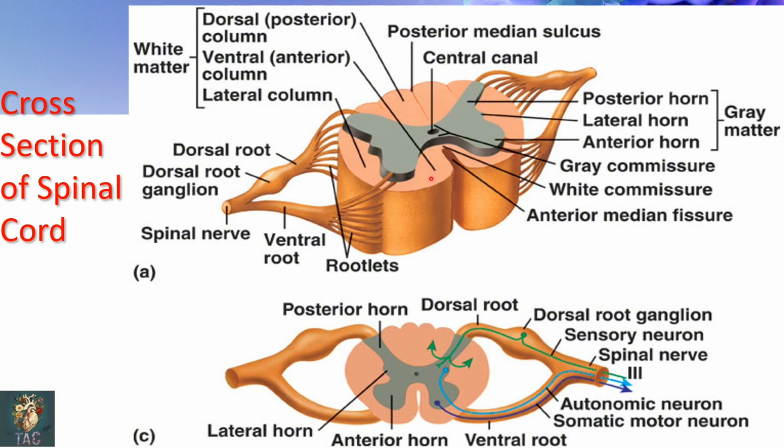So these are the three columns: the anterior white column, the lateral white column, and the posterior white column or dorsal column. Similarly, the gray matter is divided into the dorsal or posterior horn and the ventral or anterior horn, and in the thoracic and lumbar region, where we have the cell bodies of the autonomic ganglia, another horn is present called the lateral horn.